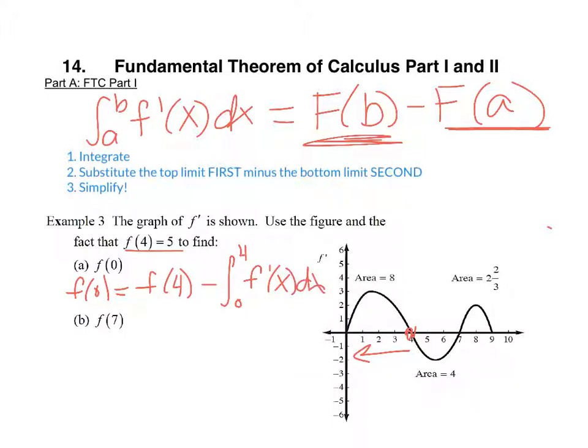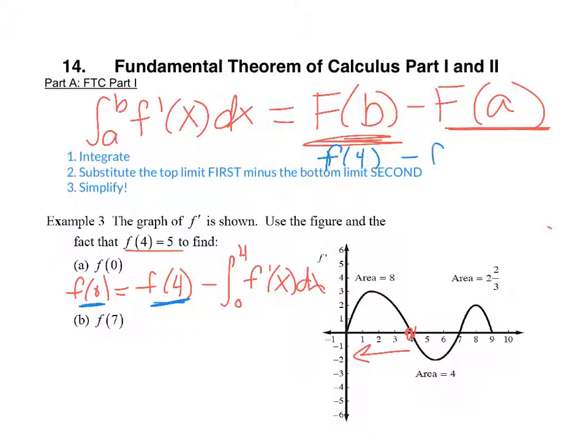So how does this formula relate to the one I gave you in the beginning? So f of b minus f of a, those are after I've integrated, right? So those are my f of 0 and f of 4. So I basically just said, okay, I have f of 4, which is going to be my f of b. This is like f of 4.